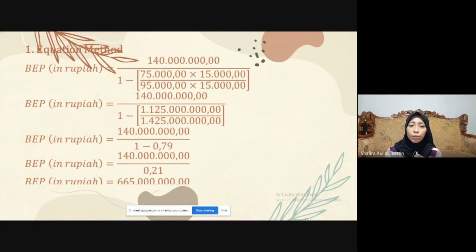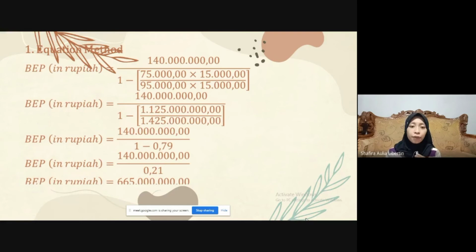Okay, this is the first method, the equation method. We use the formula of fixed cost over 1 minus variable cost over semi-variable cost. Then we input the data of PT Admira of the Sea, so we get BEP in rupiah equals 114 million rupiah over 1 minus, in the bracket, 75,000 times 15,000 over 95,000 times 15,000.